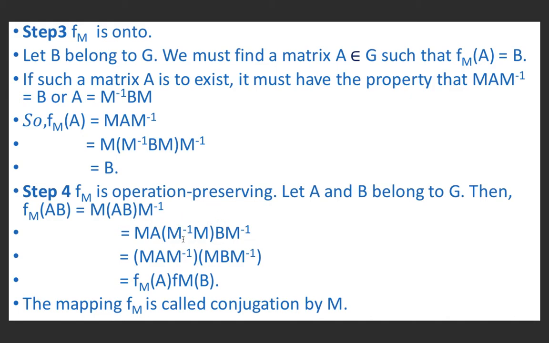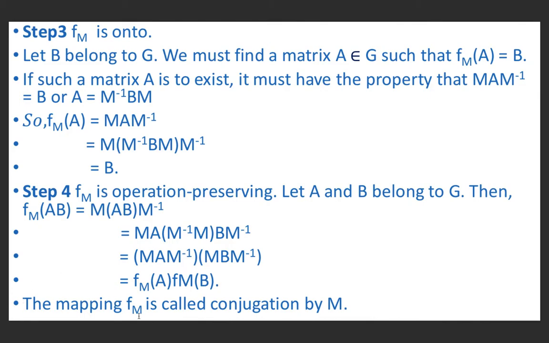So we can introduce the identity matrix, because this multiplication does not affect anything: if we multiply any matrix by the identity matrix, we get the same matrix. So by using associativity again, this is equal to M A M inverse times M B M inverse. This is nothing but F_M(A) and this is nothing but F_M(B).